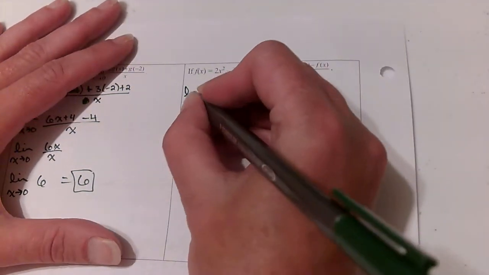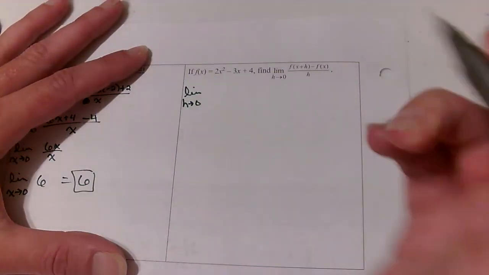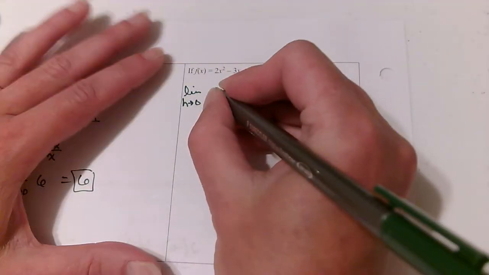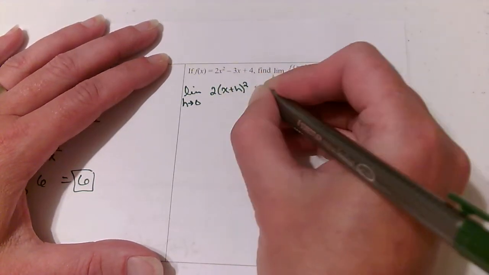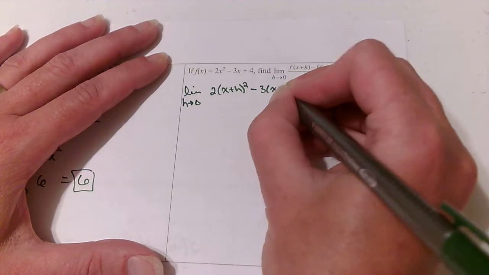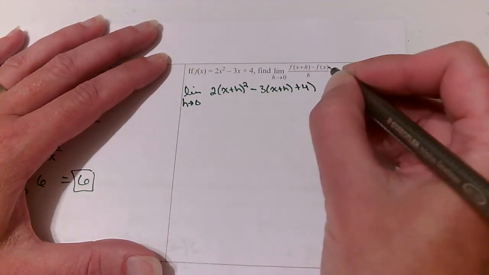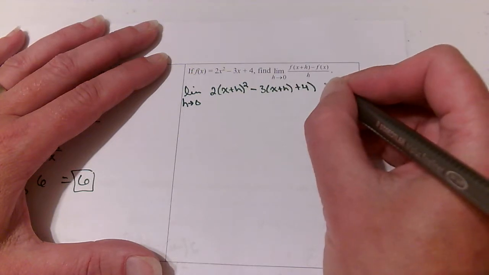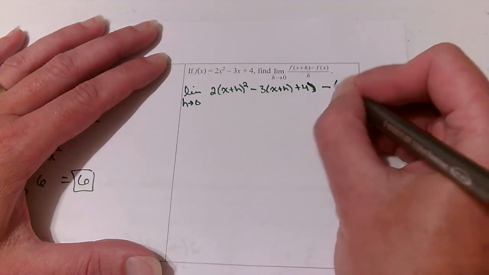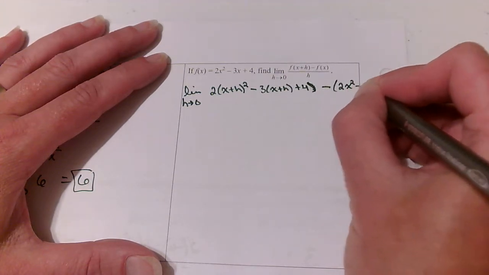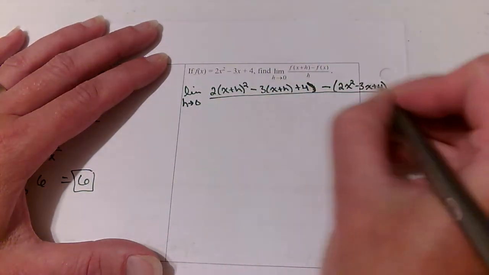So we have the limit as h approaches 0 of, if I plug in x plus h, 2 times (x plus h) squared minus 3 times x plus h plus 4. And then I'm going to subtract f of x. So 2x squared minus 3x plus 4, all over h.